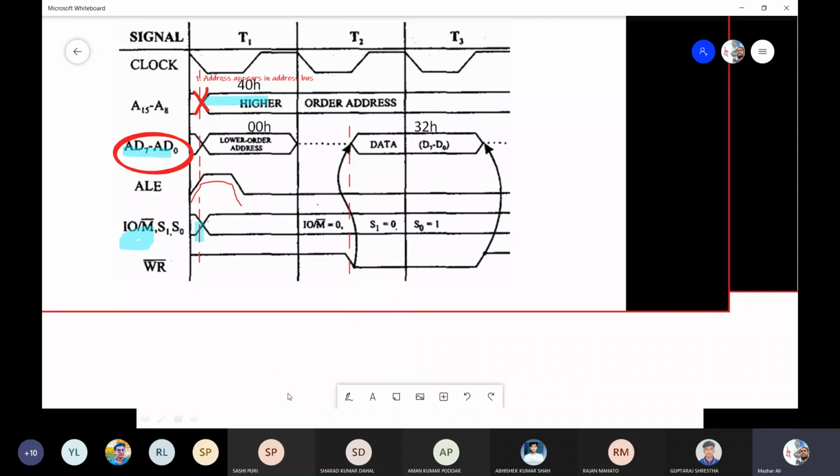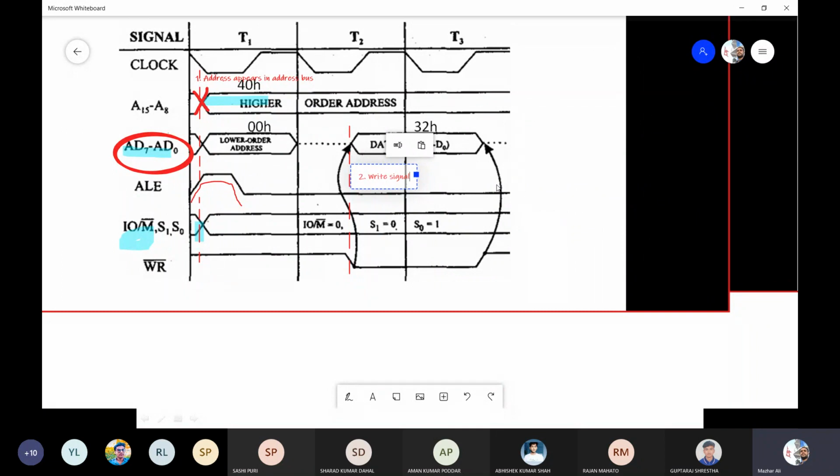So this is the second event, event number 2: write command, write signal.